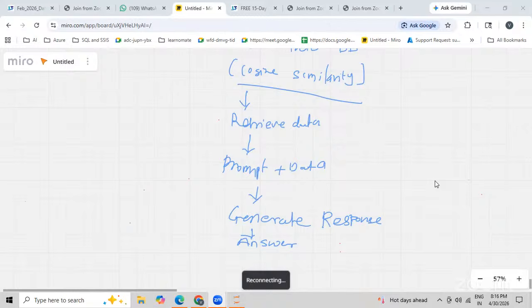Overlapping is better. Overlapping is one technique to store the context. If you do not do the overlapping, whatever information you provided in the first chunk, how will you make the connection between the first chunk and the second chunk?